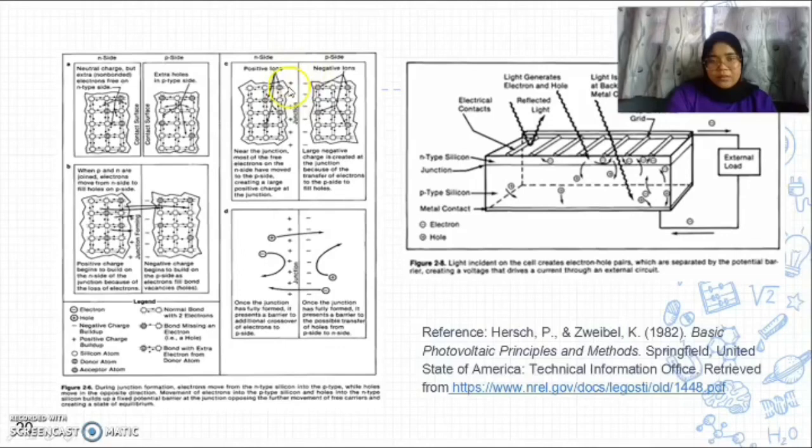So the extra electrons on the n side will no longer be able to cross the junction to the p side. Okay, so basically there is an excess of electrons on the n side and an excess of holes on the p side.